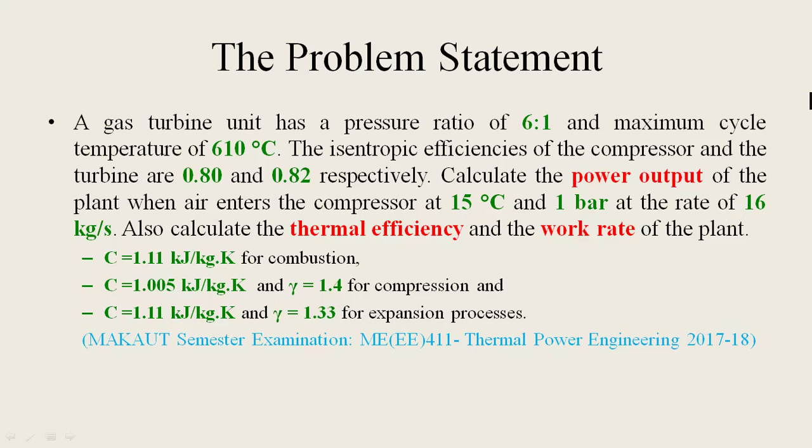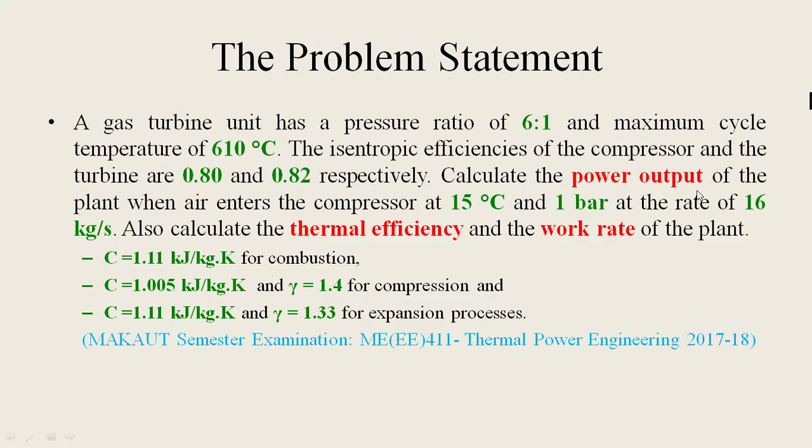Now the problem statement is: a gas turbine unit has a pressure ratio of 6:1 and a maximum cycle temperature of 610 degrees centigrade. The isentropic efficiencies of the compressor and the turbine are 0.8 and 0.82 respectively.